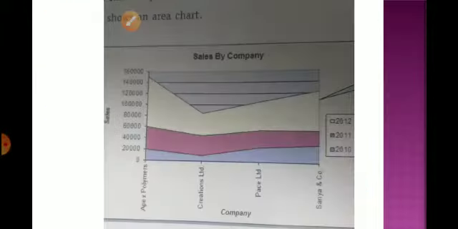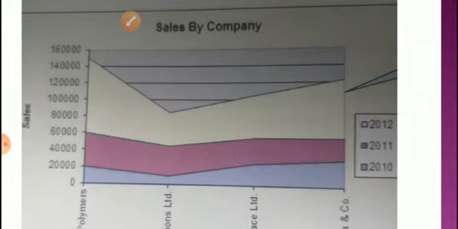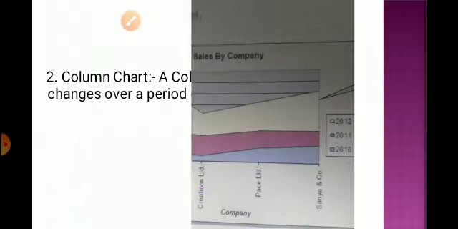See, this is the area chart. Okay children, in the next class I will explain how to use this chart, how to create the chart using the data. In this session you just learn what kind of charts are available in Excel. So this is area chart.